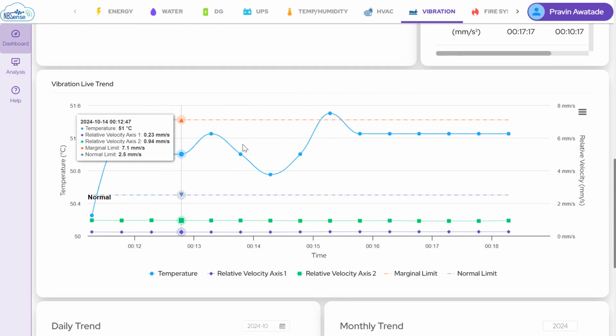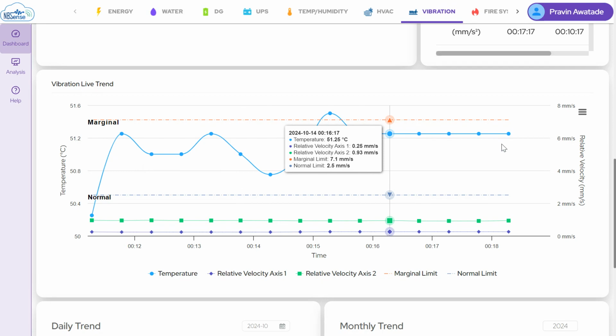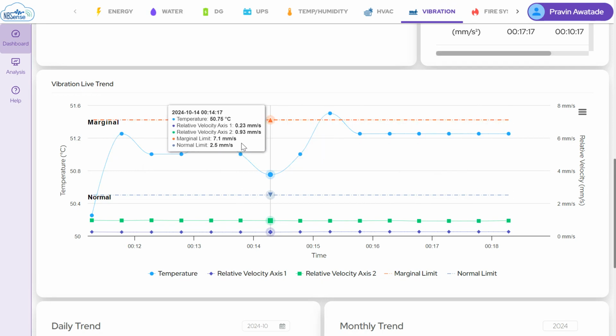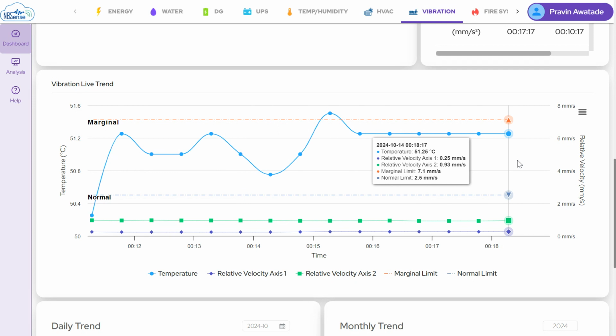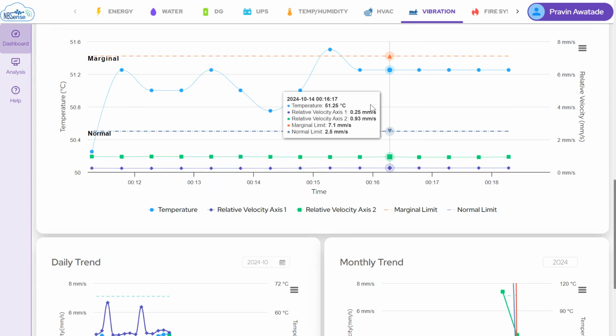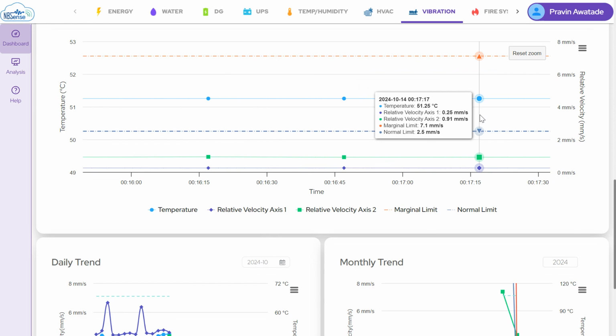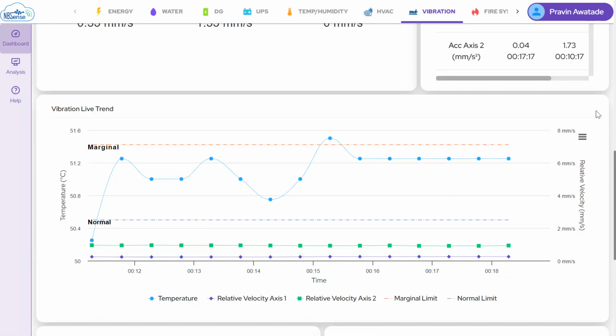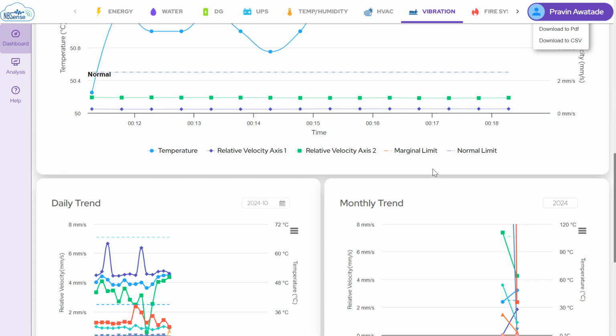Here is a trend, the latest 15-minute trend we can show here. From here we are getting the latest updated value. We can select any parameter and do a micro analysis from here only. We can download this data for any further analysis in PDF or Excel format.